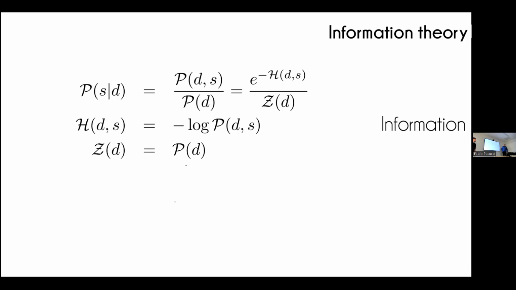The normalization constant is just a rebranding of this so-called Bayesian evidence over here into a partition function, which is just the normalization, so integrate the joint probability over the unknown signal for the given data.